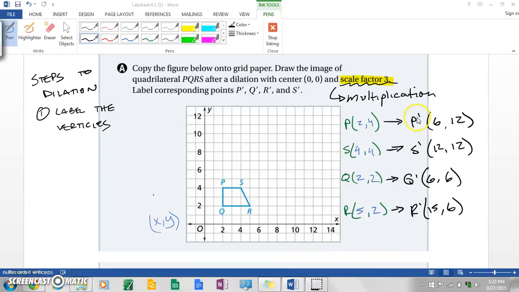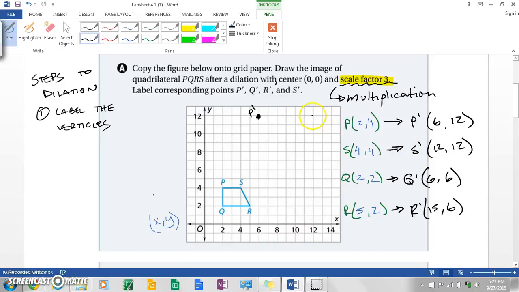So let's go ahead and plot these points. P prime is going to be at 6, 12. So let's go ahead and plot. We go over 6, up 12. P prime will be here. Apologize, it keeps wanting to go away on me. S prime at 12, 12.